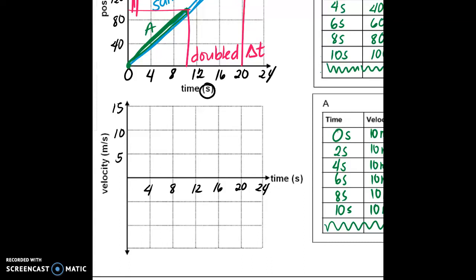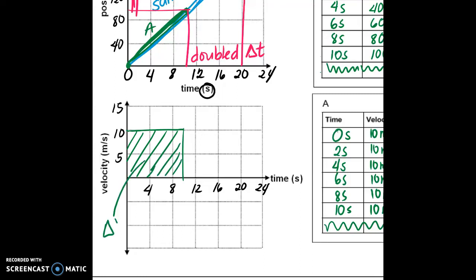Okay. The velocity for A is 10, and it goes up to 10 seconds. So we want to make sure that we go 10 to 10 seconds. And so this is our area, our displacement.